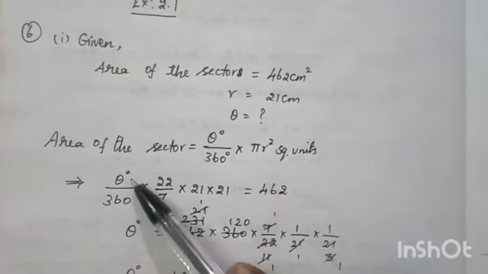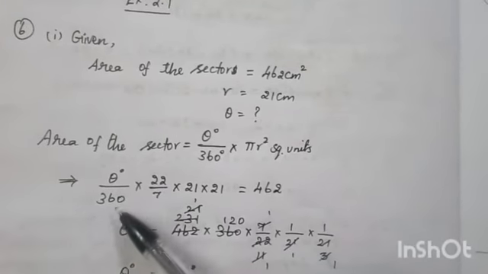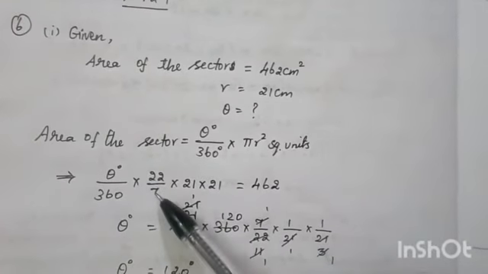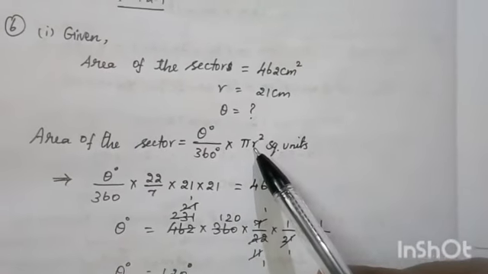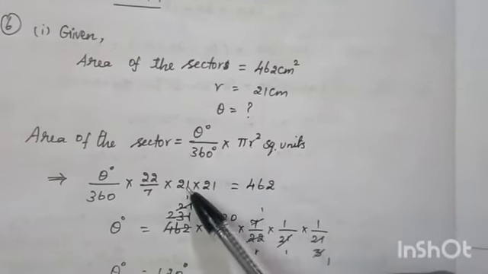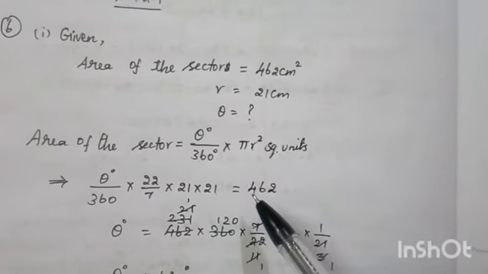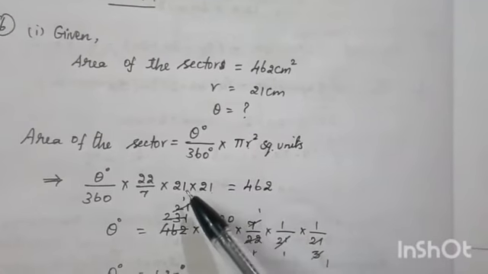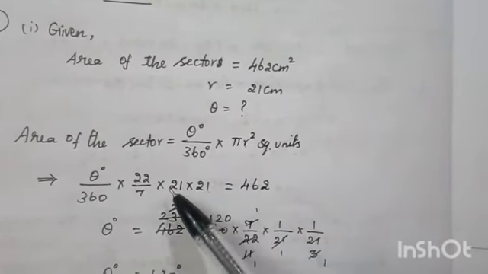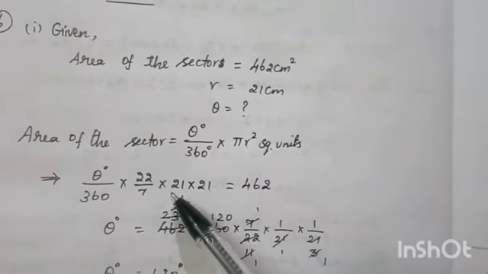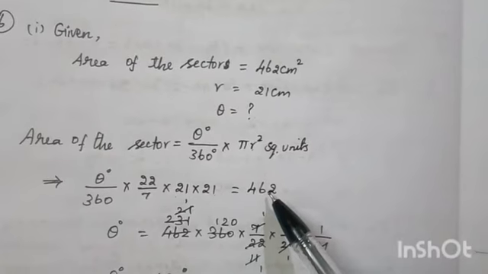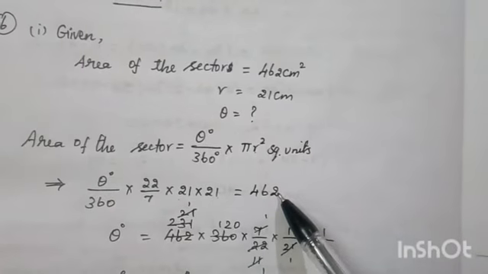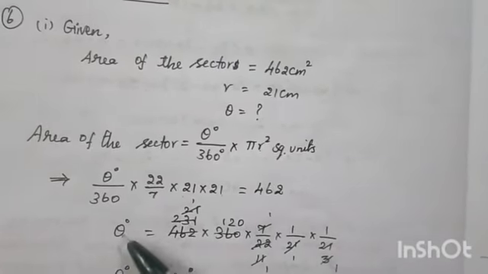Theta is the unknown value, so take theta by 360 degree into 22 by 7 into 21 into 21, since r square is there, equal to the given area 462. So theta degree we want to find.